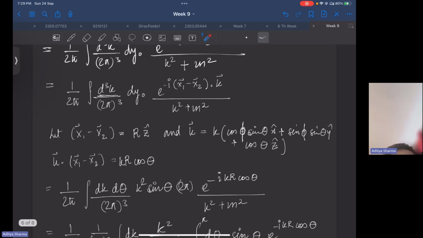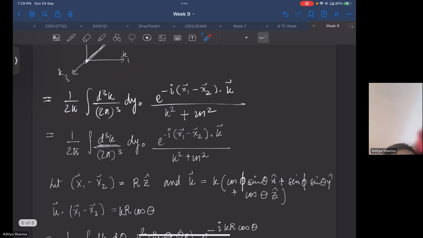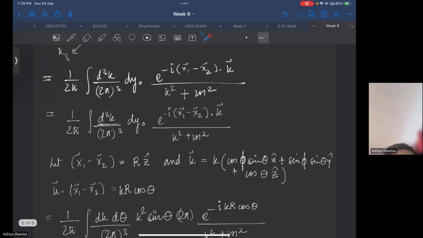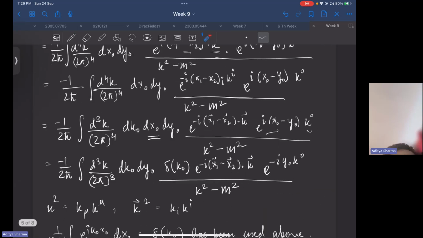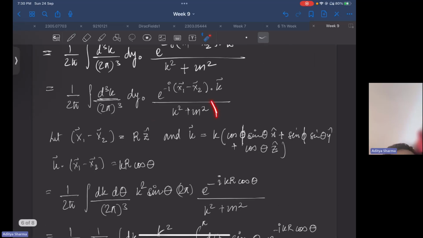So you don't need to do this integral. The integral which is going to be remaining is only this one, this part.